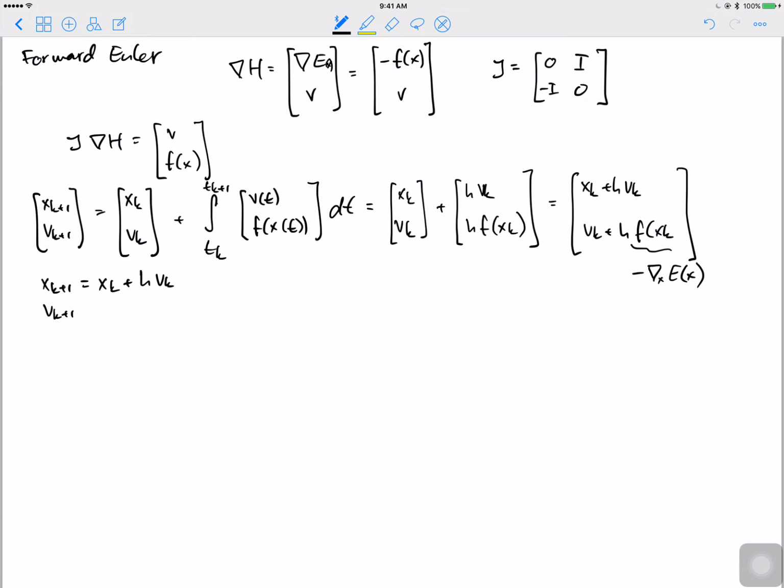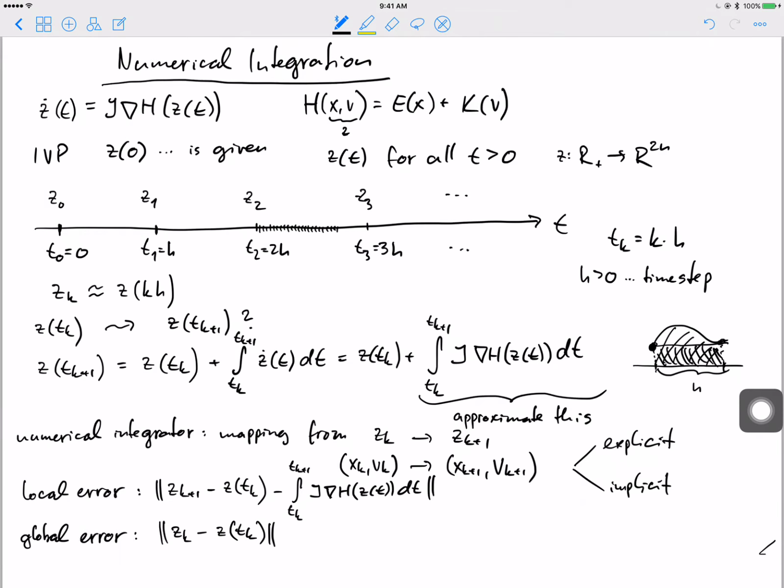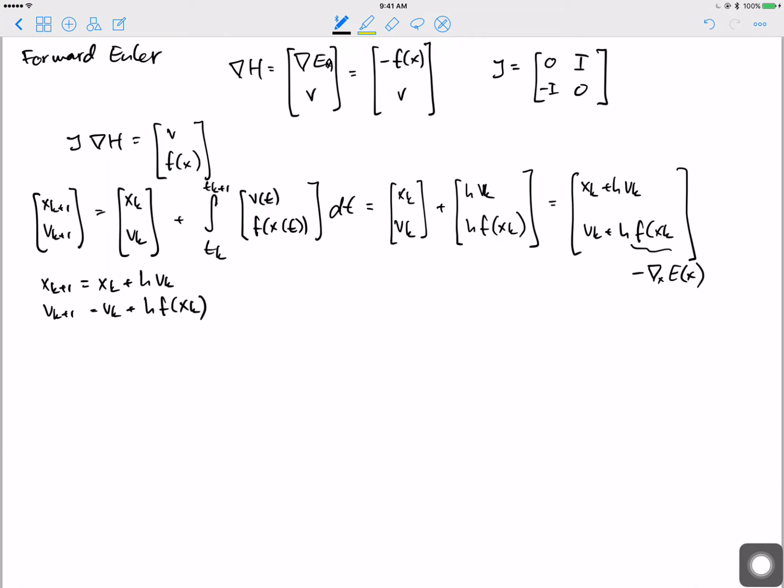And v_{k+1} is v_k plus h times f at x_k. This is what you had last time, right? I just wanted to connect it to the Hamilton equations and to the integration so you can see how it plays. This is really the simplest possible approximation of this integral you can make. So this is the forward Euler method.